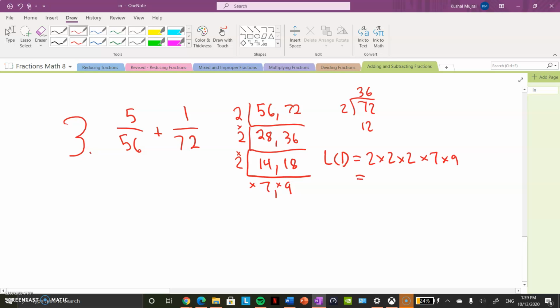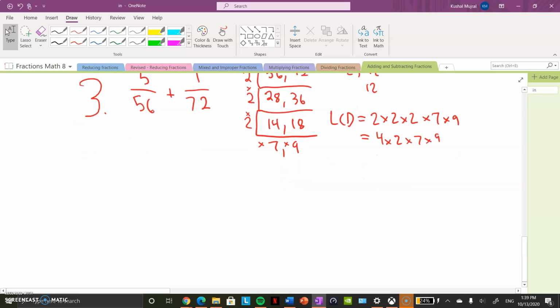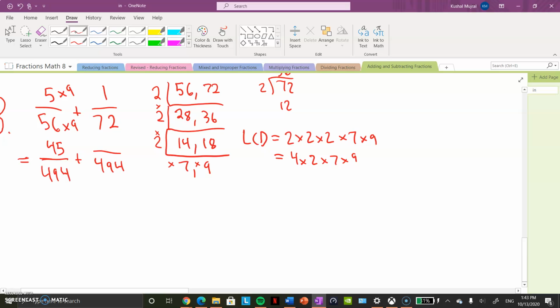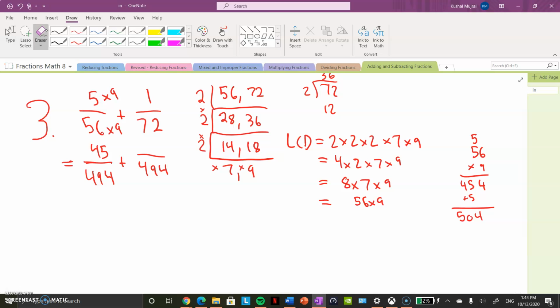Okay, which is 4 times 2 times 7 times 9, which becomes 8 times 7 times 9, which is 56 times 9, which becomes 504. Okay, so our lowest common denominator is 504. Oops, I wrote 494 here. Let me just erase this here.